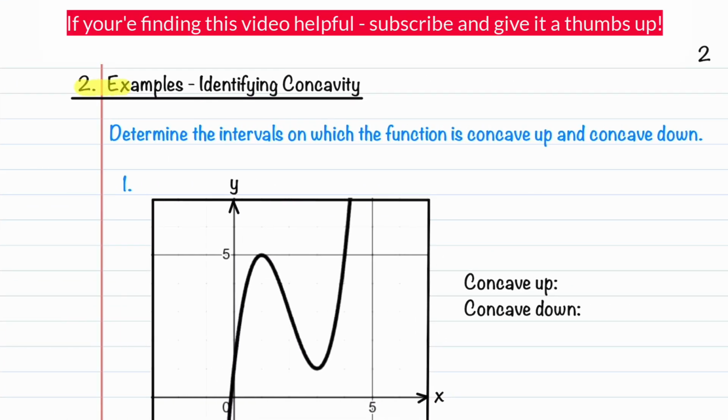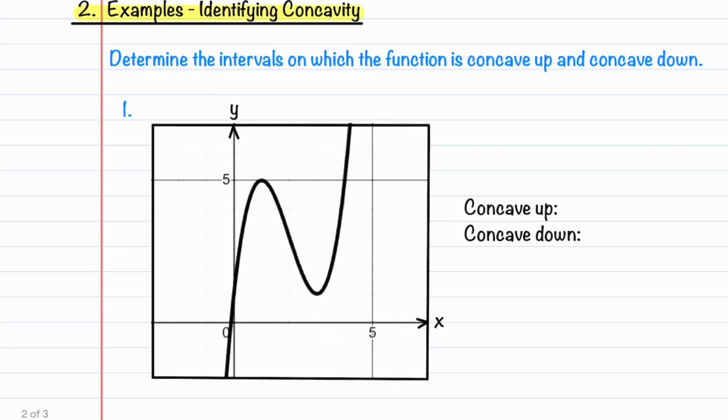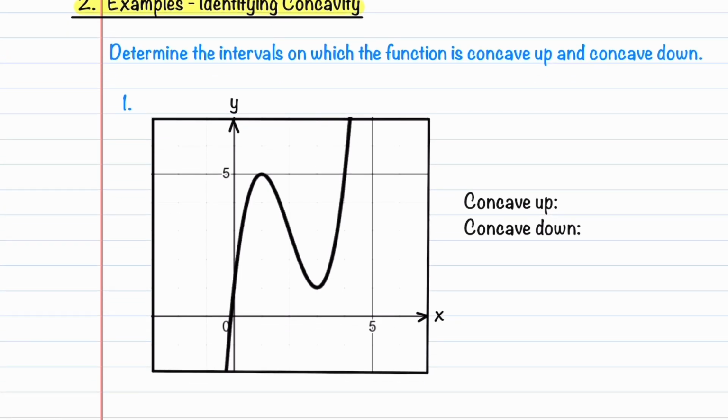Let's now walk through some example problems of identifying concavity. In each example, we're going to determine the intervals on which the function is concave up and concave down. In this first example, we can see that the curve is concave down. I'll highlight that part. And then it switches to be concave up.